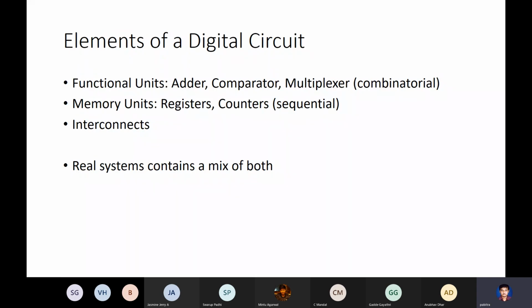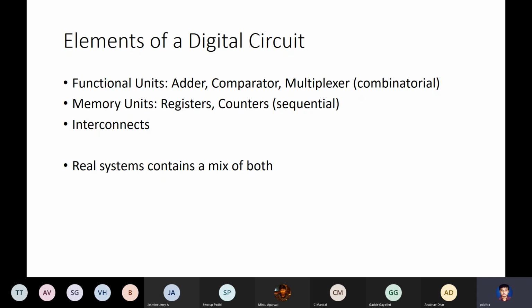All right, so coming to the conclusion, we have seen a number of different circuits that we have studied, using either sequential or combinatorial logic. We have studied functional blocks like adders, comparators, multiplexers.